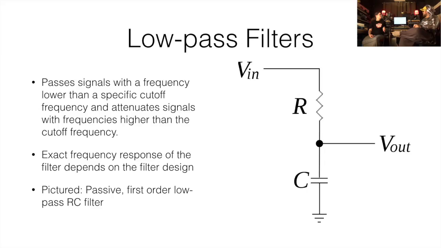The capacitor's doing something. I'm just not sure what it's doing there. Basically the faster frequencies are going to get cut off by the resistor. They're going to the capacitor, which is just going to a ground. Whereas the lower ones aren't making it to the capacitor, and that's how they're coming through. The lower ones make it all the way through to the capacitor. No. The lower ones come out.